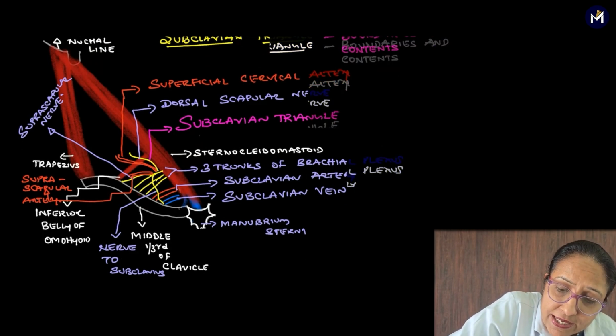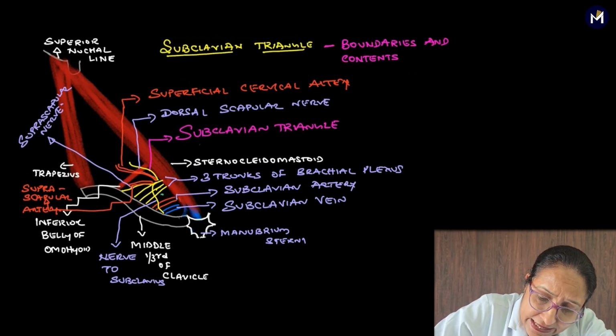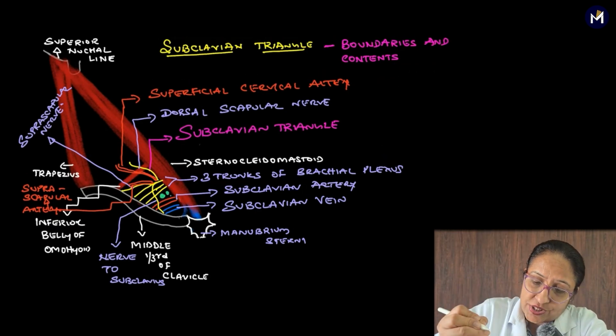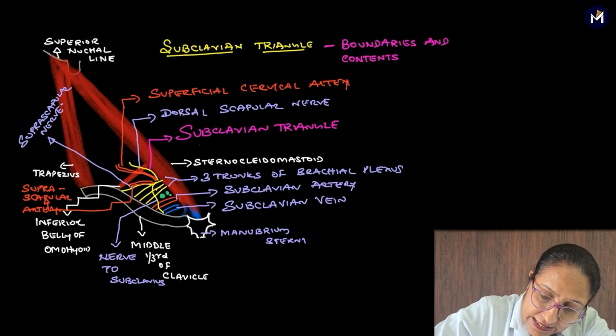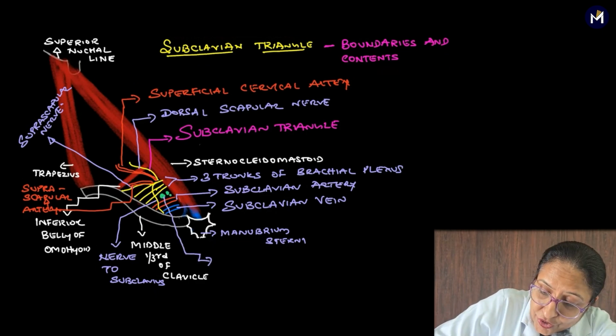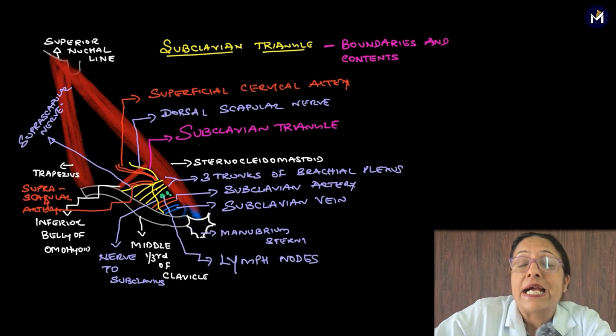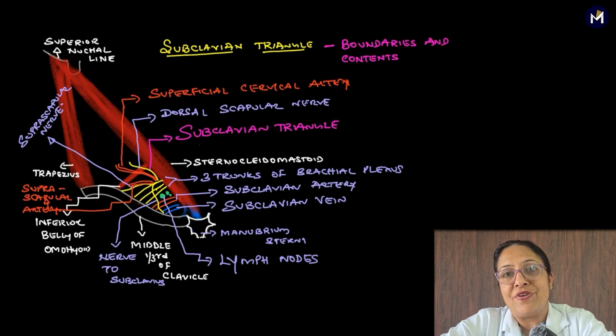Then coming to the last but very important content, they are the lymph nodes. So these are the lymph nodes, also called supraclavicular lymph nodes. So these are all the contents of the subclavian triangle.